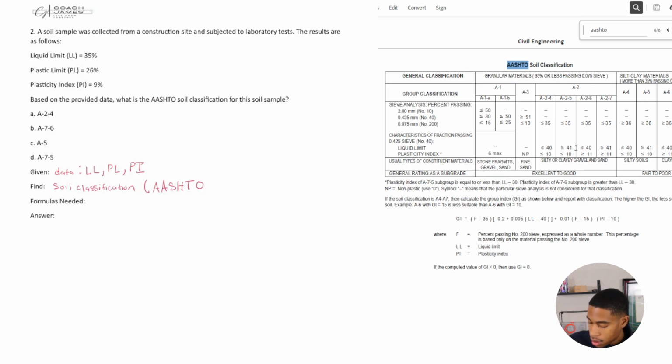I'll just write in and out so that I can keep up with it. All right, so in still right now is A-2-4. Okay, out is A-2-5. A-2-6 is still in.